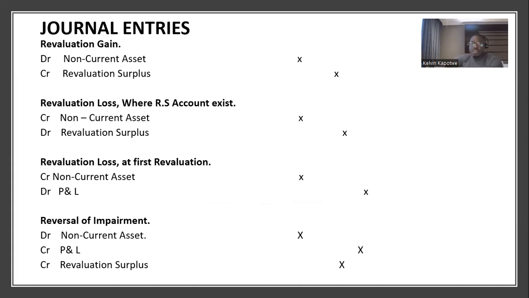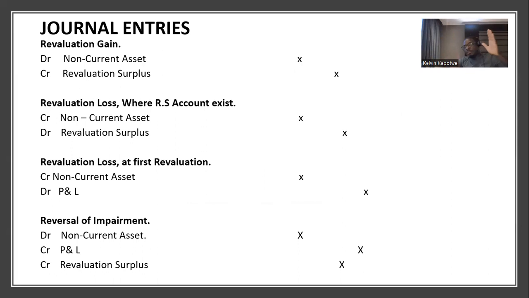So those are the journal entries there. Okay, so the journal entries will actually help you correct the position. So revaluation gain: when there's a revaluation gain, you debit a non-current asset and credit the revaluation surplus. Okay, a non-current asset is an asset, so the asset side of the equation must balance with the credit side.